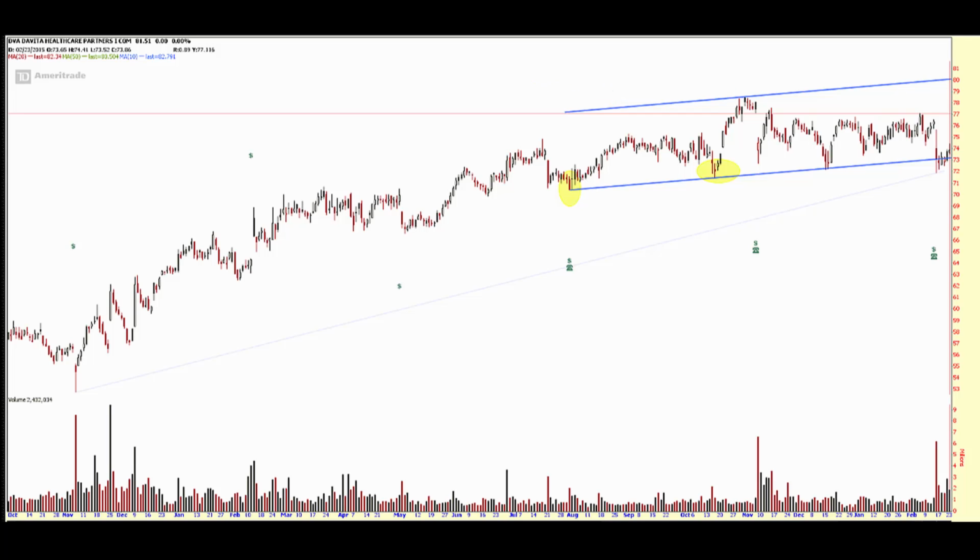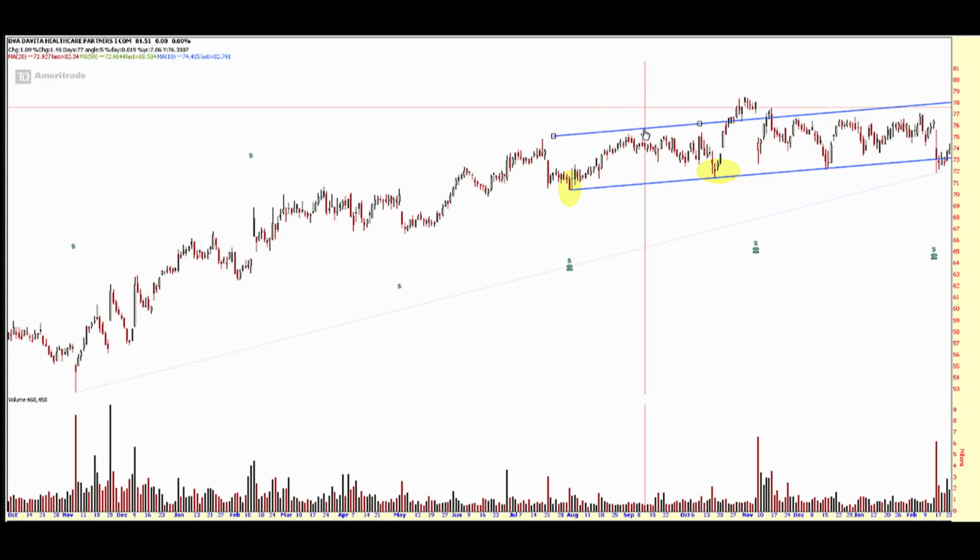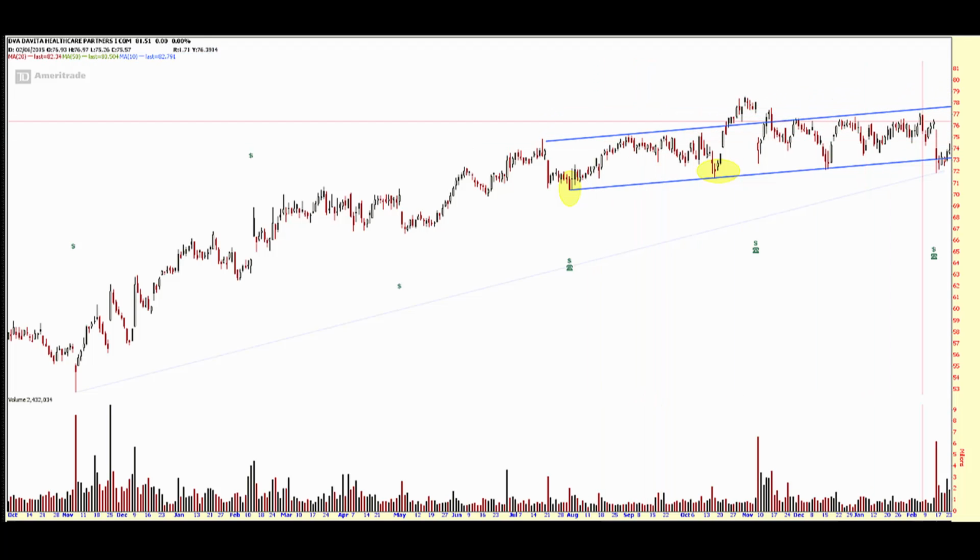You can see that a better line would definitely be if you draw it this way. Don't be afraid to draw through points. It is not an exact science. So you can see that there's a high here. And even though this stock exceeded over here, you can see there were reactions over here and over here and over here.